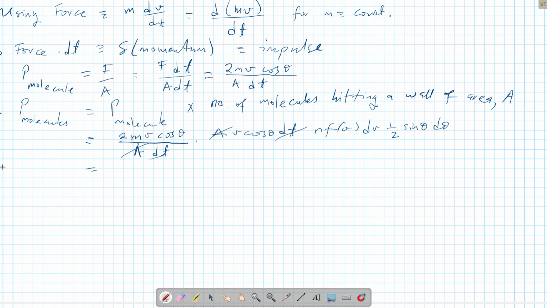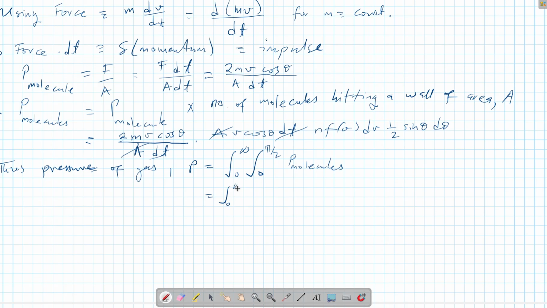Thus, the pressure of gas P is equal to, we integrate dv from 0 to infinity, integrate d theta from 0 to pi divided by 2, for molecules, right?